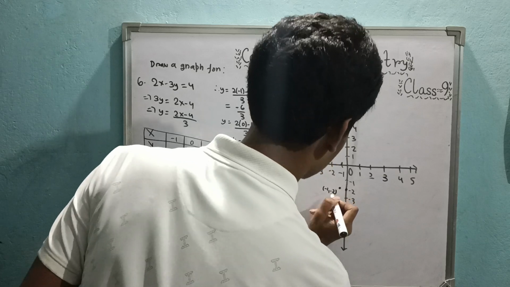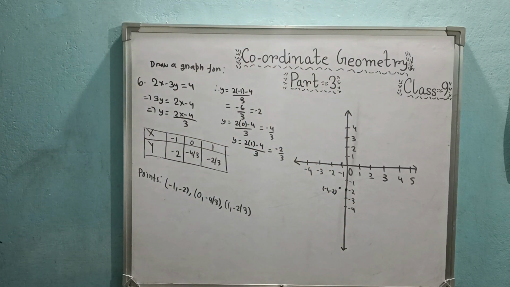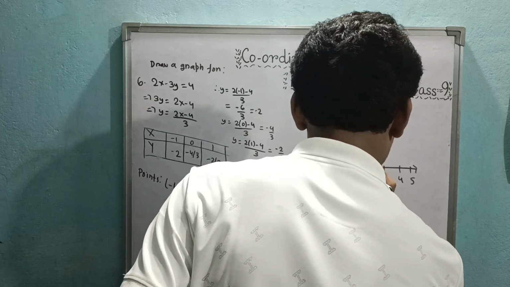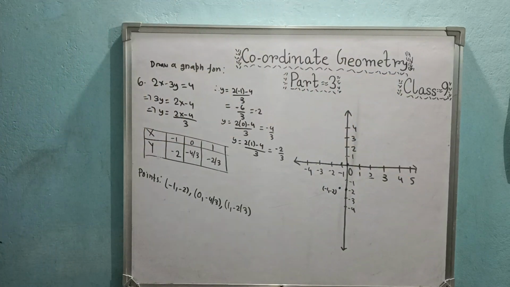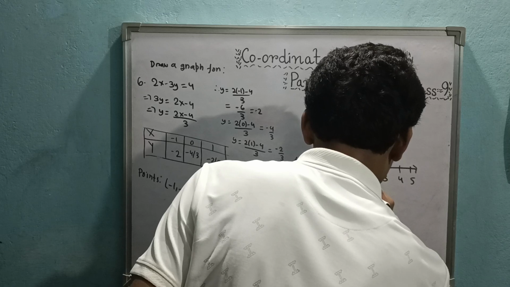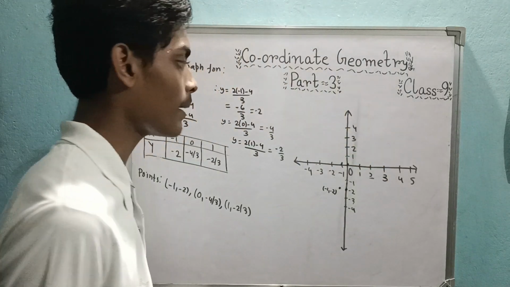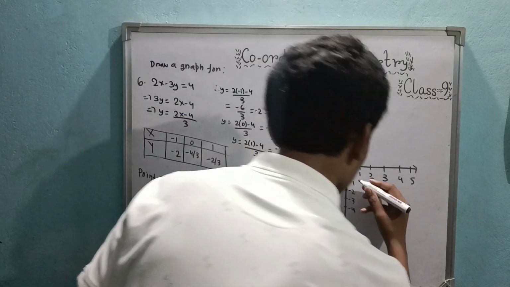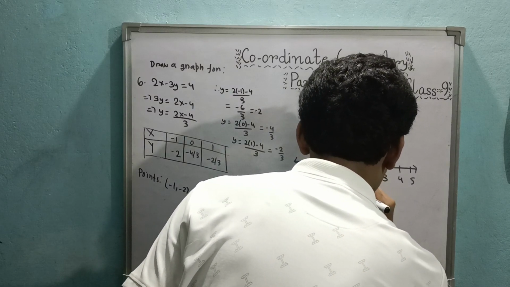Then is the next problem. (0, -4 by 3). 0 units on x-axis here. But minus 4 by 3 means what? Minus 1 whole 1 by 3. So this is minus 1 on the y-axis. If I take this as minus 1, it means minus 3 by 3. So suppose this is minus 4 by 3, minus 5 by 3.